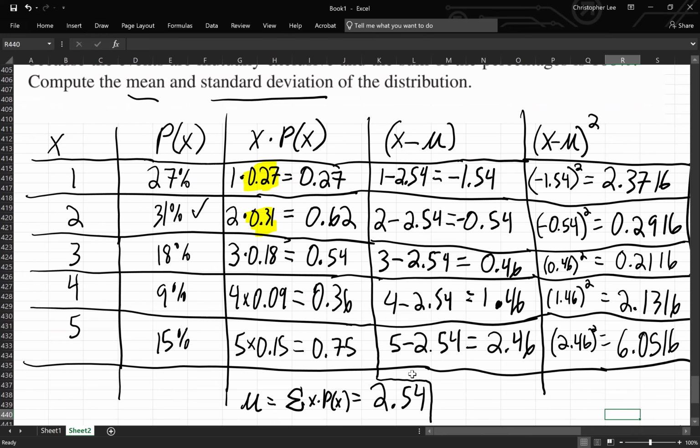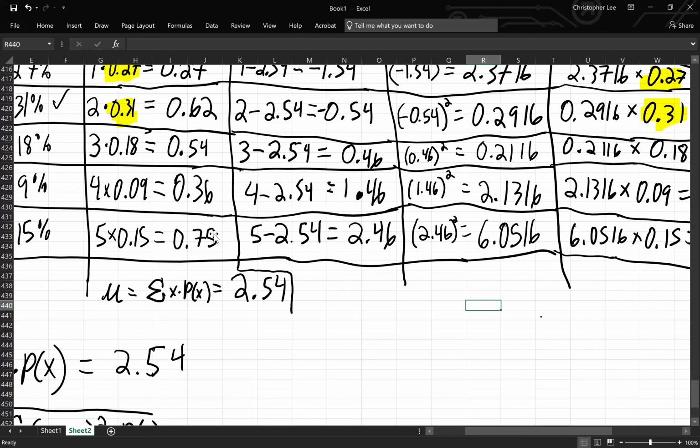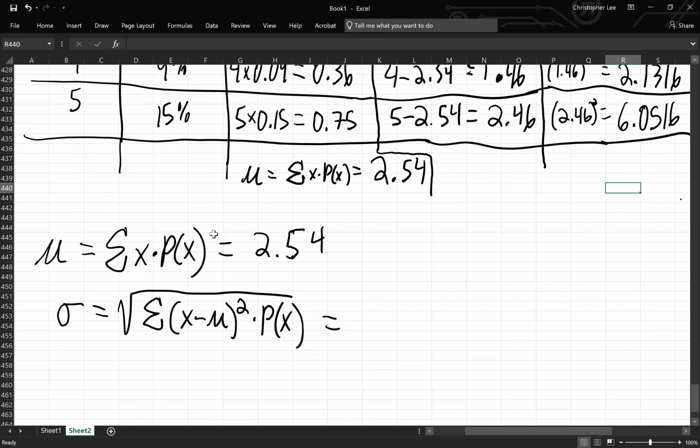How many times you saw an ad, right? So X is the number of times that the viewer saw the ad. One, two, three, four, five or more, right? P of X is the percentage of people that actually bought the item, whatever it is, after seeing the ad, right? And then the rest of this, I'm literally just copying from the formulas that are on the formula sheet, right? These are it right here for mean and standard deviation. I'm just doing it step by step so it looks really long, you know? But you just break it down, just plug it in and you're good to go.